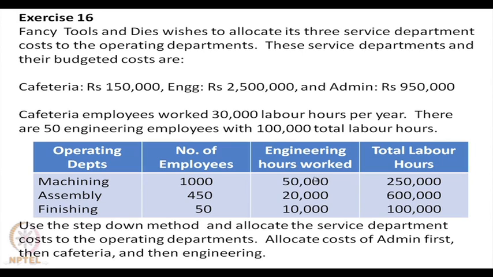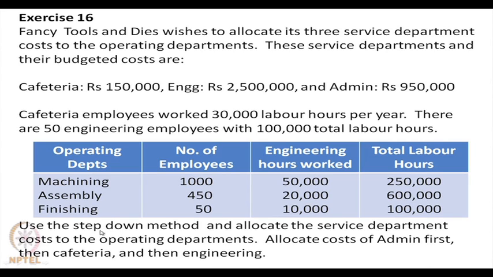Engineering hours worked 50,000, 20,000, 10,000. Total labor hours 250,000, 600,000, 100,000. So, these values are required because, as we will see, we need them as cost drivers when we allocate the service department's cost to these operating departments.